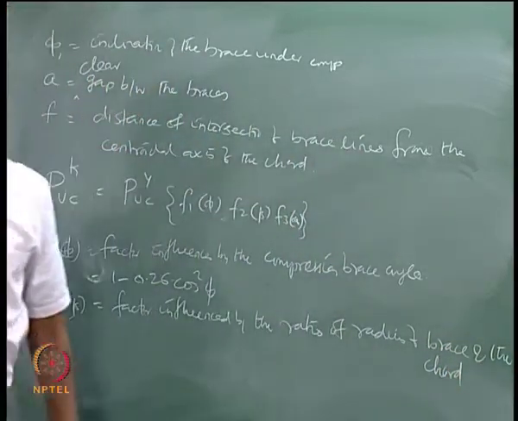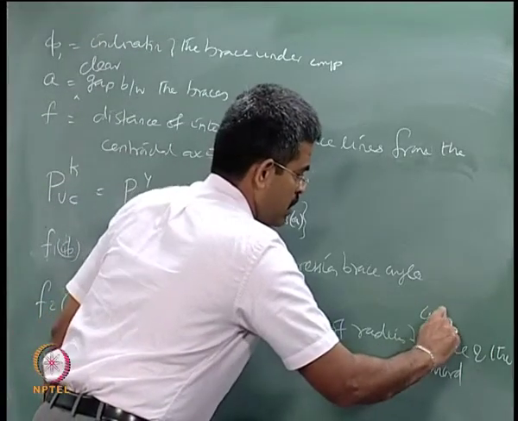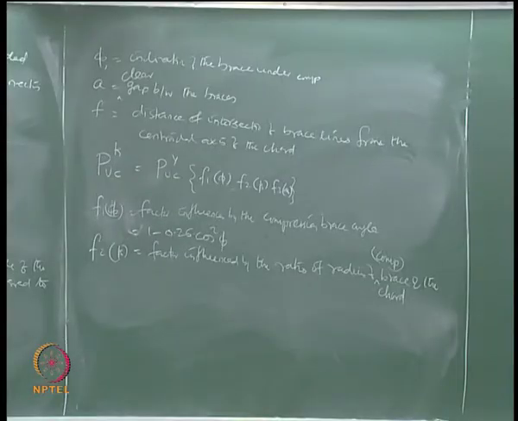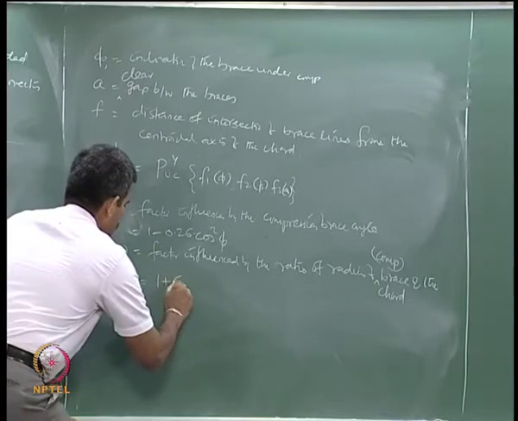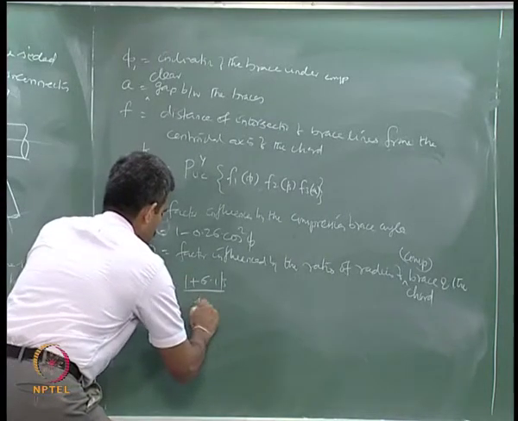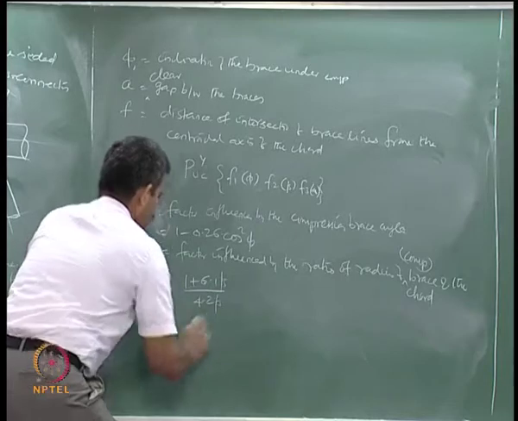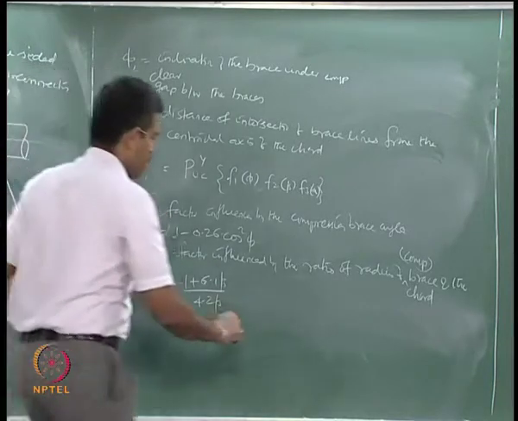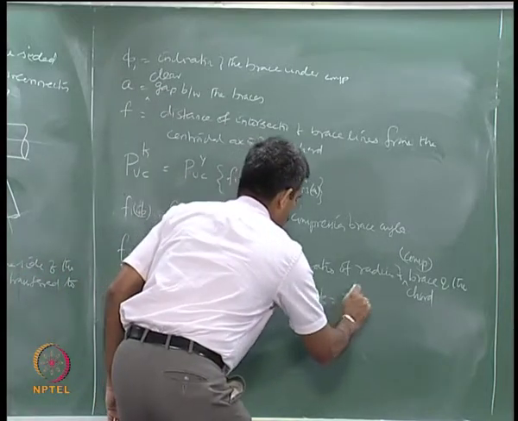The moment I say brace, I must say here compression brace. Which is equal to, if you have got two betas, what is beta? It is r by R, is it not? Beta is actually r by R.